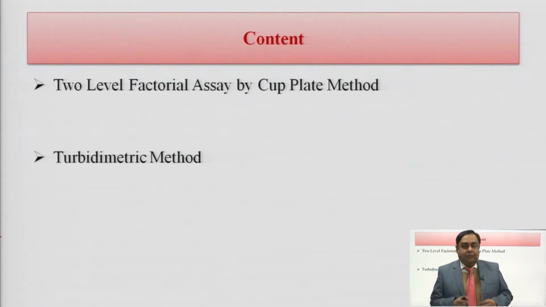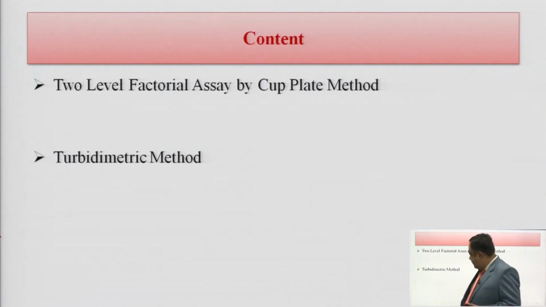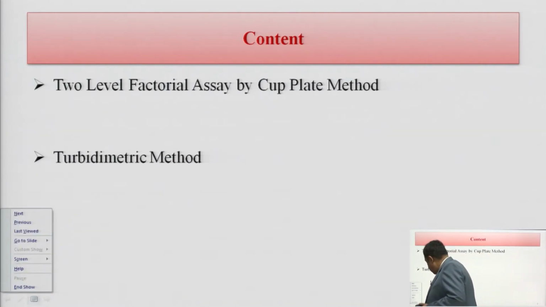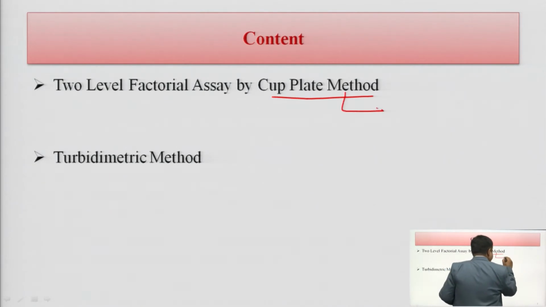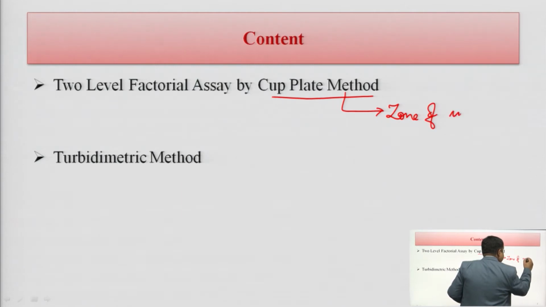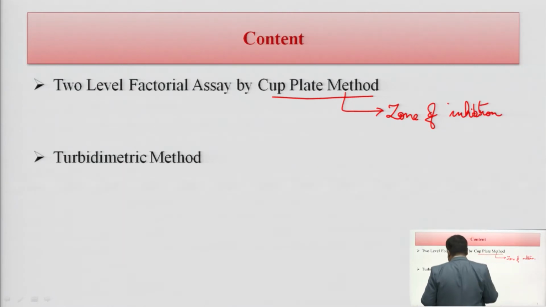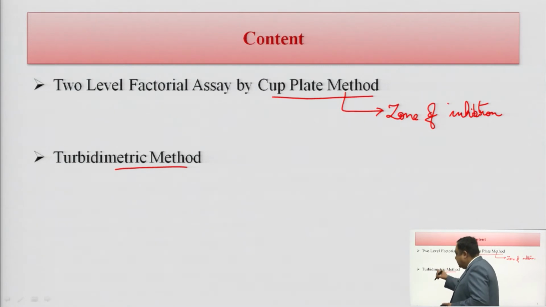So, the fundamental difference between these two methods is that in the cup plate method, we are measuring what we call the zone of inhibition, whereas in the Turbidimetric method, as the name implies, metric means measurement, turbid means turbidity.